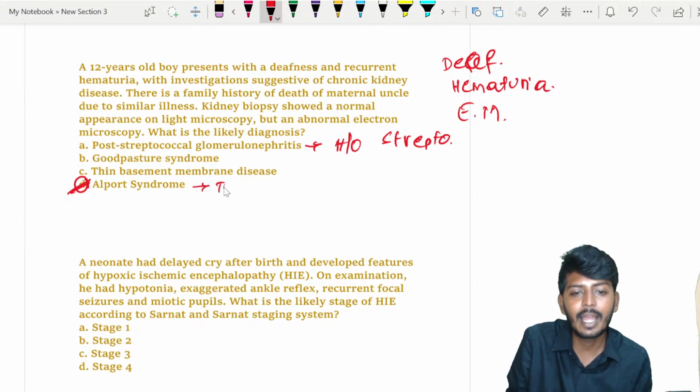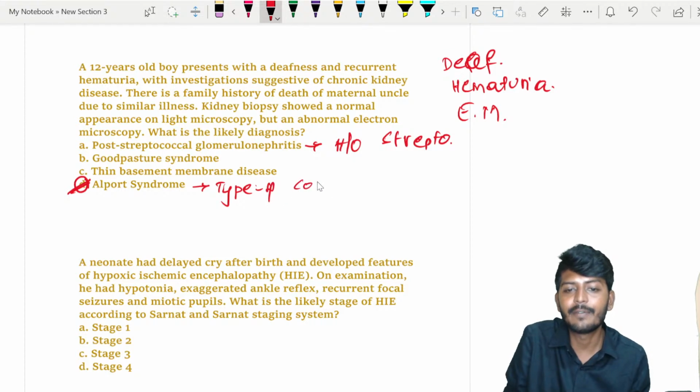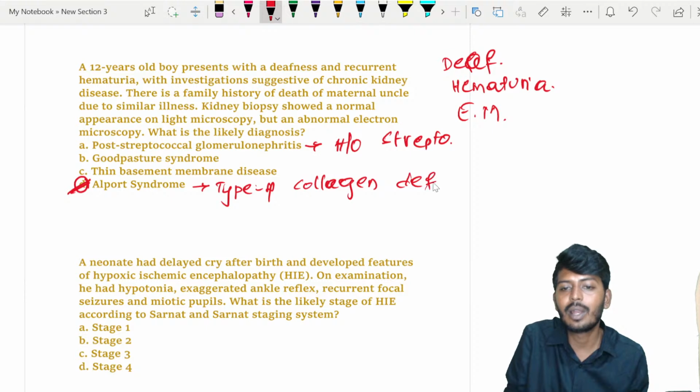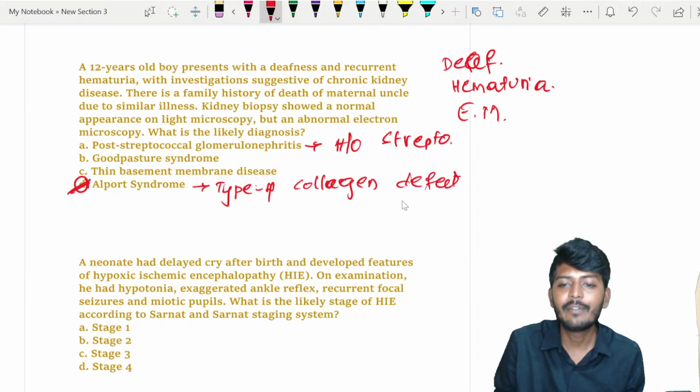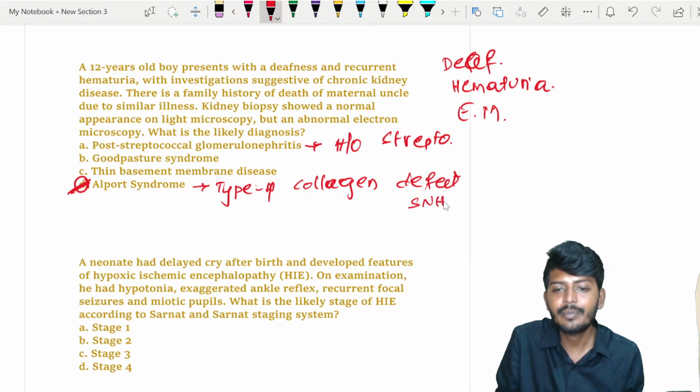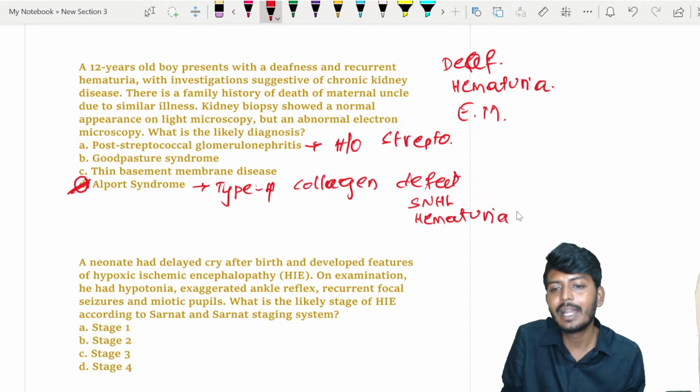Alport syndrome is a type 4 collagen defect. With this type 4 collagen defect, there will be SNHL, and there will be hematuria, that is glomerulonephritis, and it is an autosomal disorder.